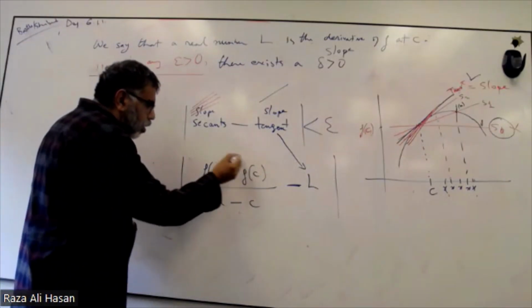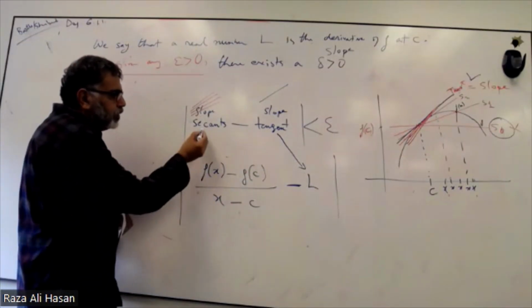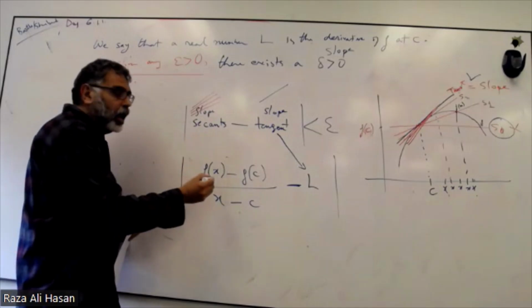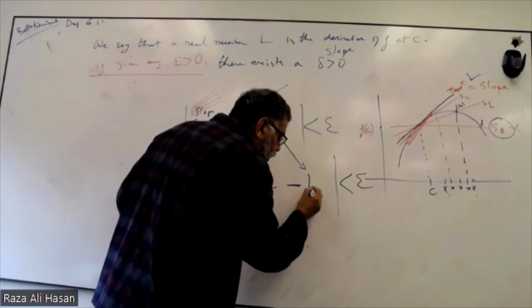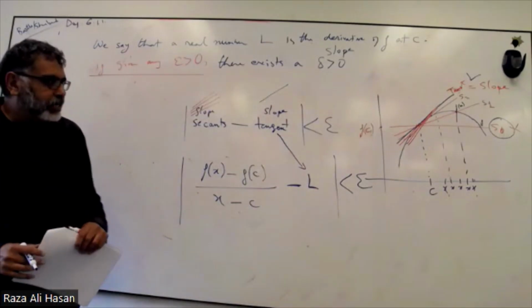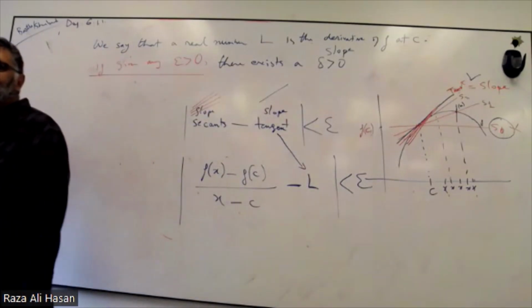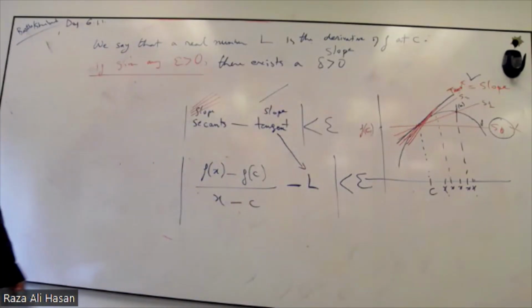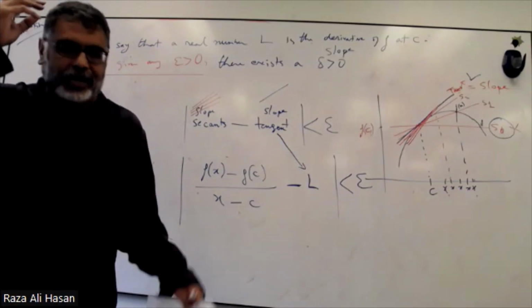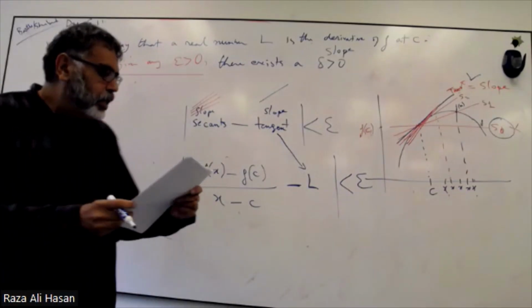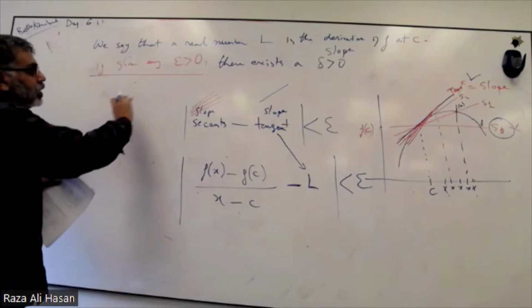So all the slopes of different secant lines are within epsilon distance of the slope of the tangent line, L. And if you look at this, you think about the limit definition very quickly in your head. Do you?